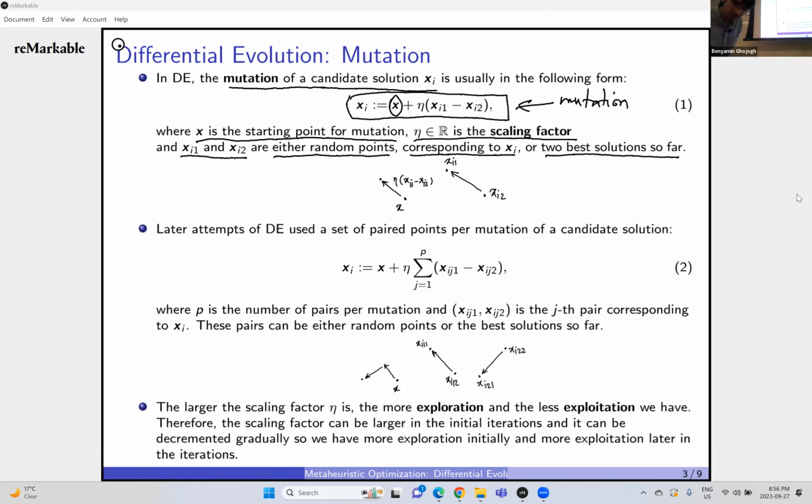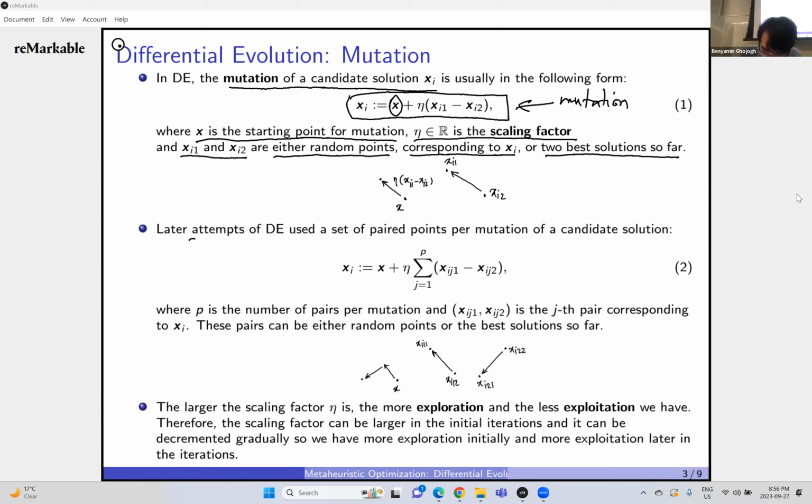This is the vector, but starting at x, which is here, I use this vector to update this. So this will be my next xi. Of course, if all of x, xi1 and xi2 are random, then my next xi will not be related to my previous xi at all. Agree? Because everything will be random. That might be good for exploration, actually.